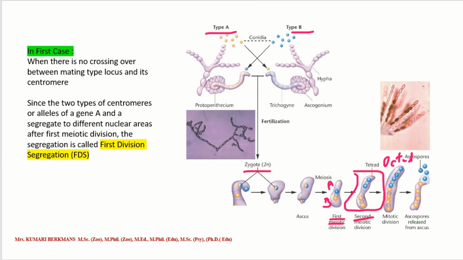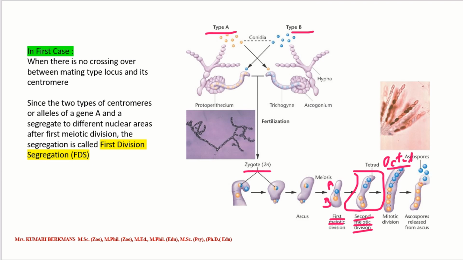The second meiotic division is similar to mitosis. So this forms 4 spores. That stage is called a tetrad, and after this formation a mitotic division takes place and it forms the 8 ascospores. That stage is called an octad.